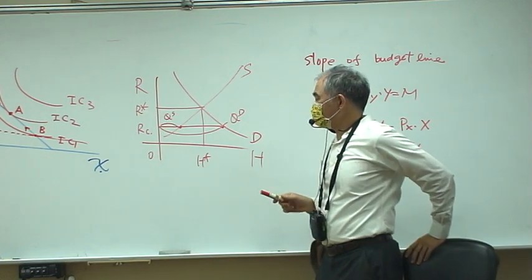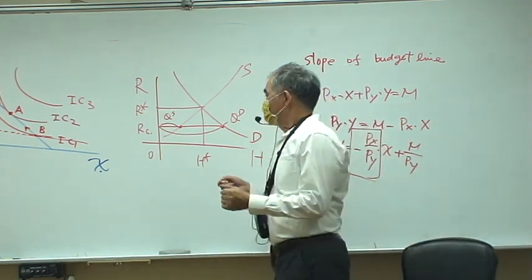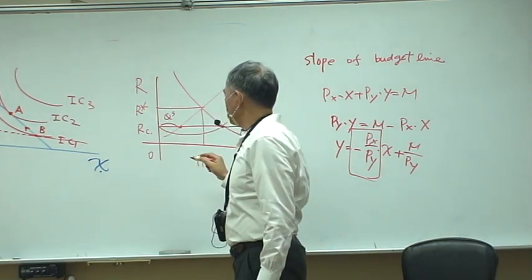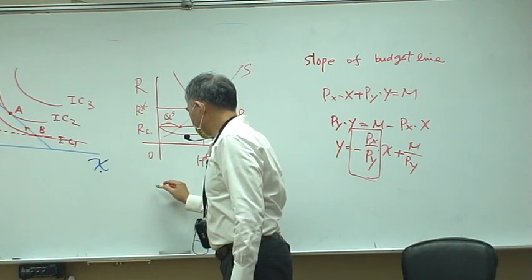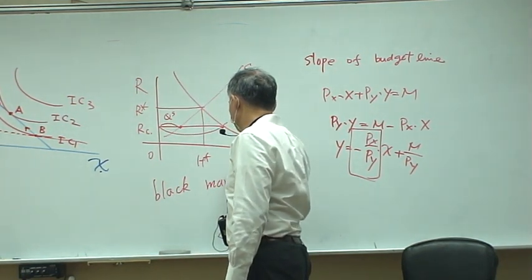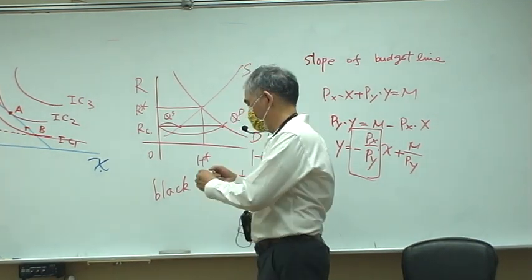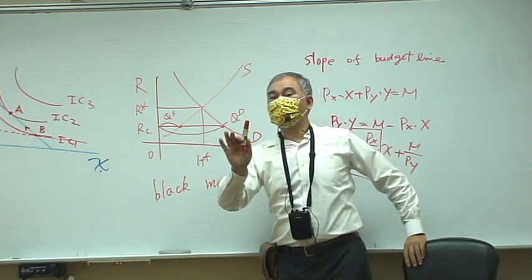But then, there's one issue we haven't talked about. When there's rent control, there's also another issue called black market. You have to know that with rent control, it doesn't mean the houses are gone.